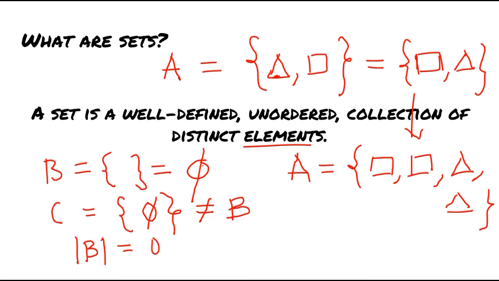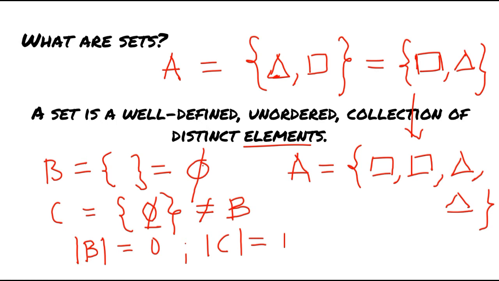For set C, however, the cardinality of set C, or the number of distinct elements, will be 1, because it contains one element, which is in this case an empty set.